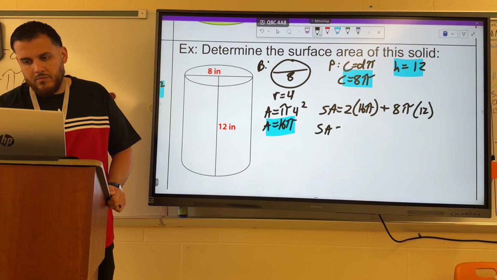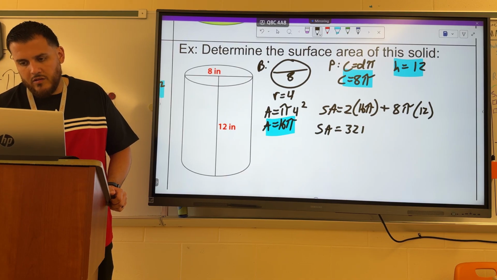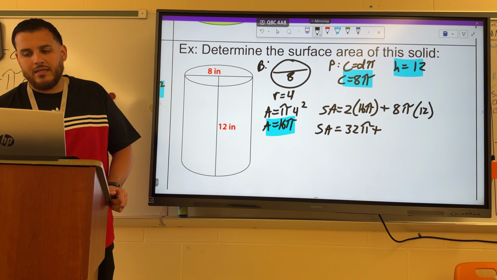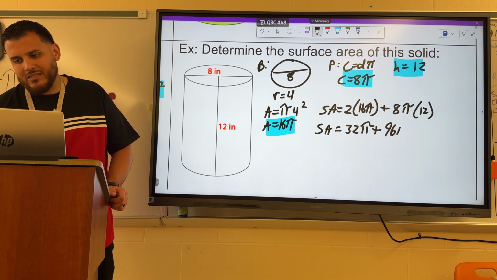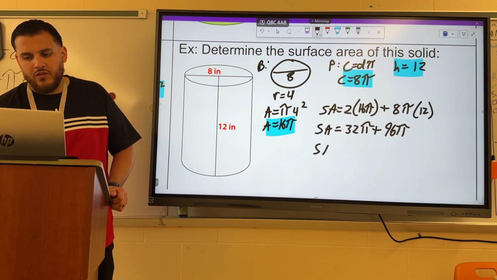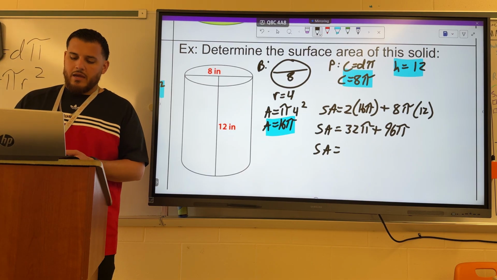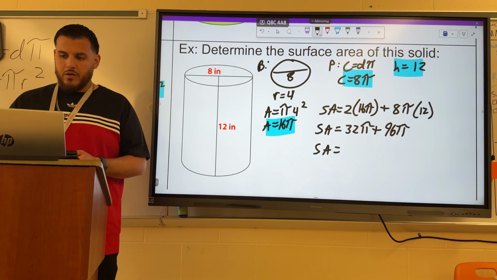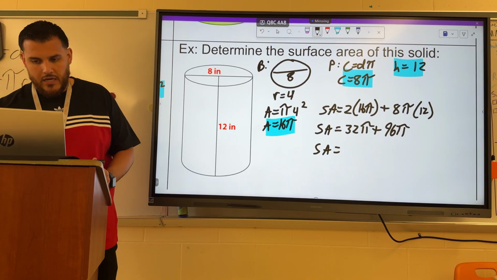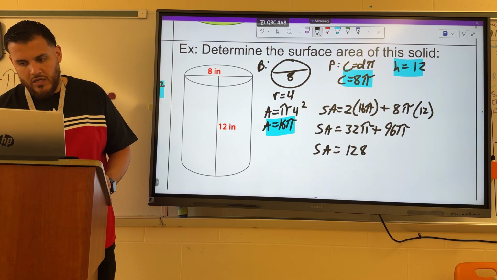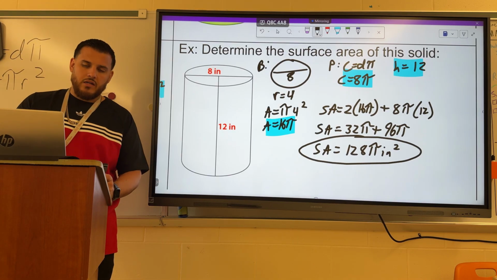Right, 2 times 16 pi gives me 32 pi. 8 pi times 12 gives me 96 pi. My surface area is then found by adding those together. 32 pi plus 96 pi gives me 128 pi inches squared for my surface area.